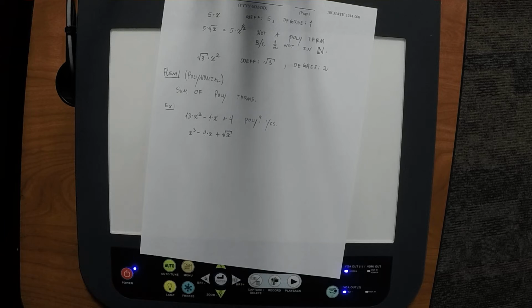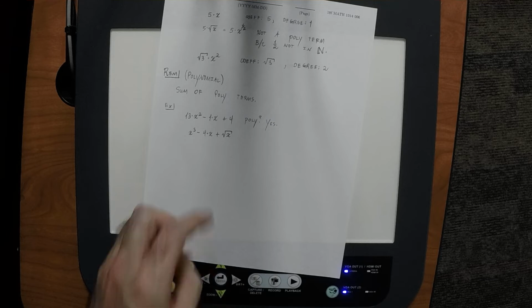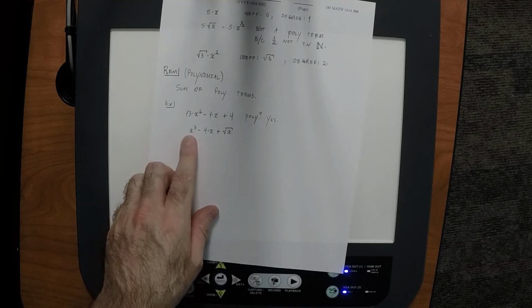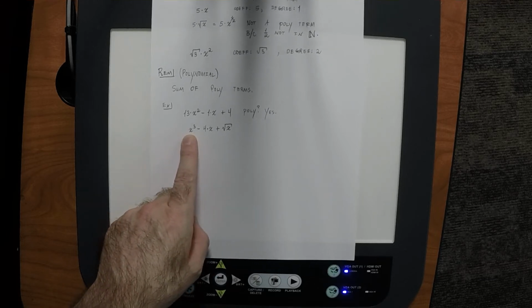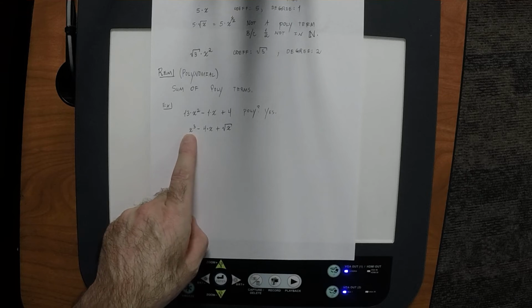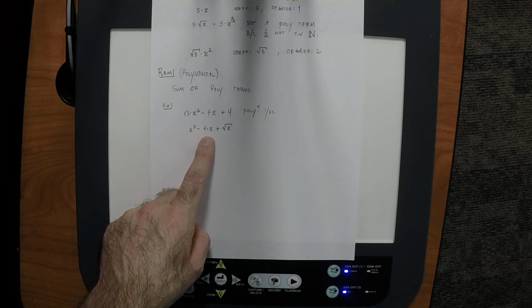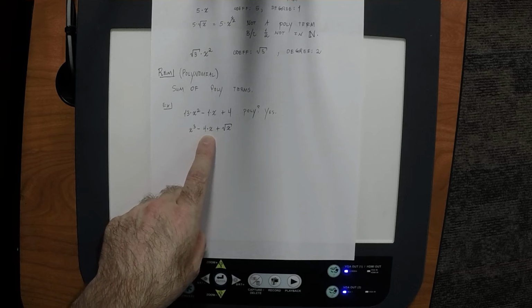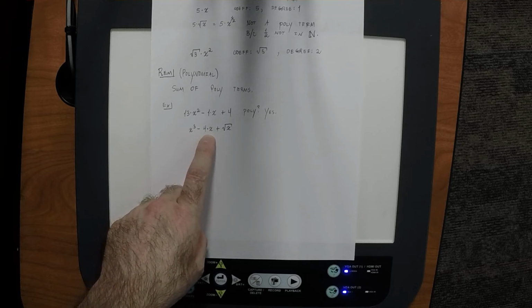The next question is, are they all polynomial terms? Is that one a polynomial term? Yes, because its coefficient is 1 and its degree is 3. Is that a polynomial term? Yes, because its coefficient is negative 4 and its degree is 1.